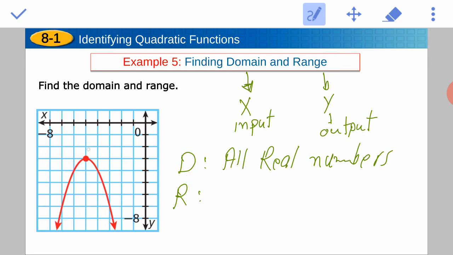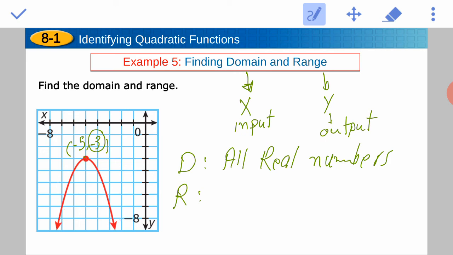Guys, if you notice, the parabola opens downward, and the vertex coordinates are 1, 2, 3, 4, 5 units to the left, it's -5, and 1, 2, 3 units down, so it's -3. And this -3 is a maximum value because it's the highest point, because the parabola opens downward.